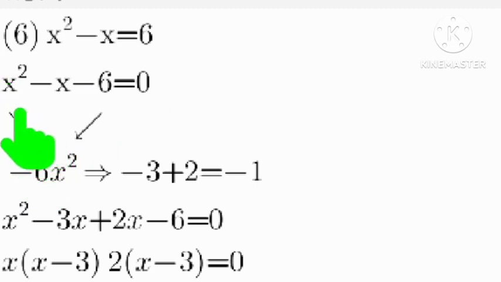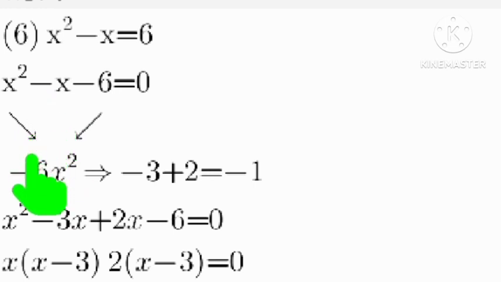Now what are we going to do? We are going to multiply the first term and the third term. So once we multiply these two together, we're going to have negative 6s squared. Like I said earlier, all you need to do is forget about the s squared and look for factors of negative 6. Once you multiply those factors, you get negative 6, but once you add those factors together, you get negative x.